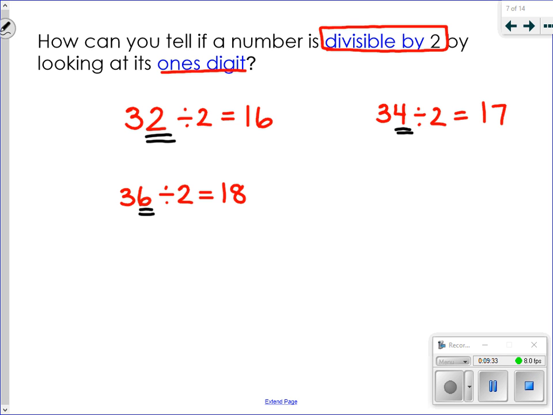Are you starting to see a pattern here? Let's try 38. Is it divisible by 2? Can you divide 38 into 2 equal groups? In other words, can you divide it in half? Yes. 19 would be in each group. Look at its ones digit.